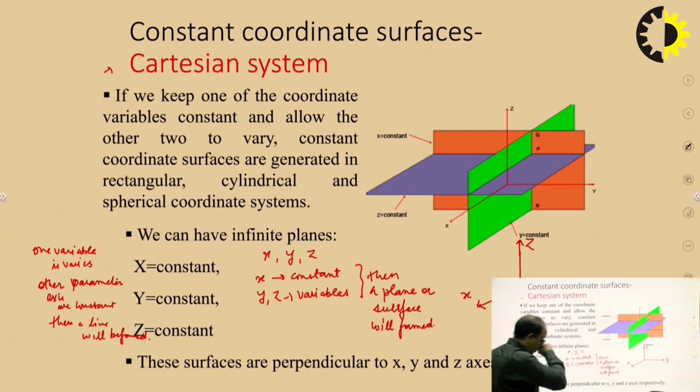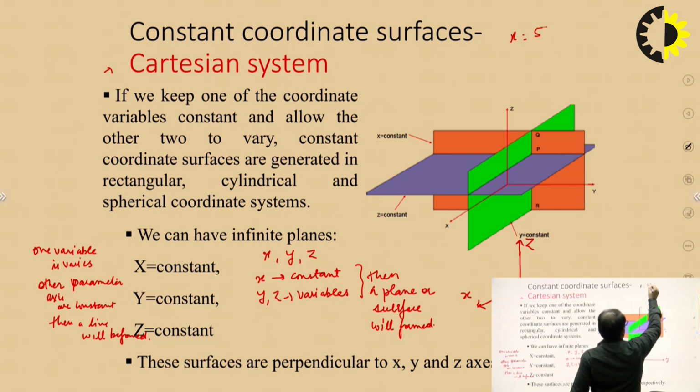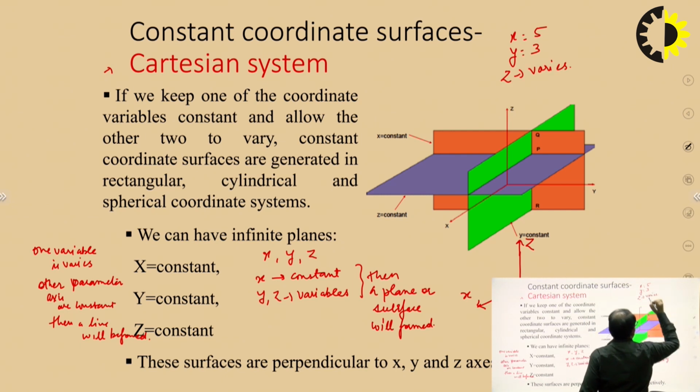Let's say x equals 5 and y equals 3 and z varies.